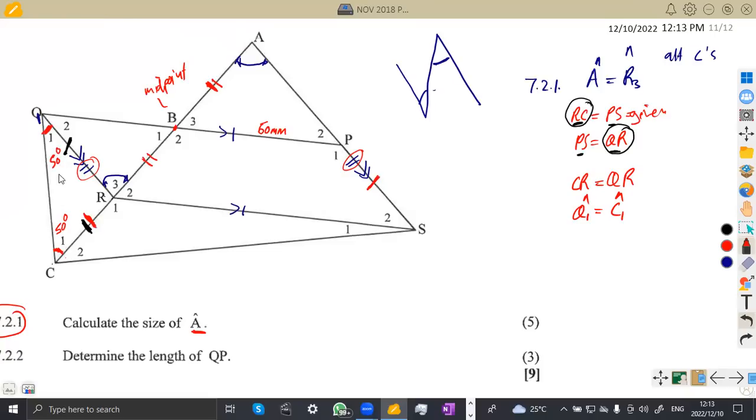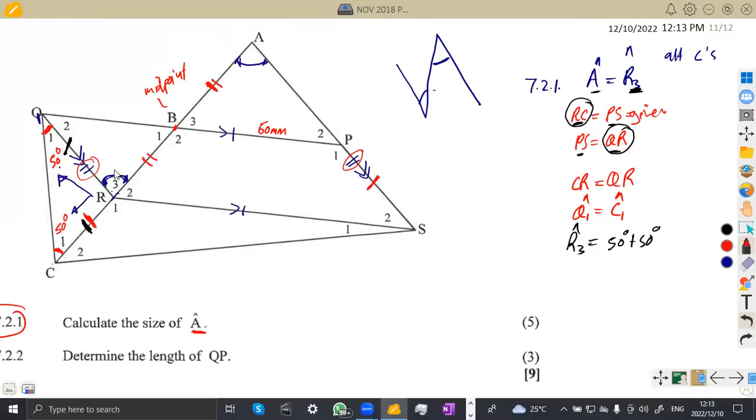So if this is 50 and this is 50, we can calculate angle R3 directly here, because we need angle R3, which is equal to angle A. So angle R3 can be taken from the 50 and the 50 here if we add these two. Why? Because R3 is the exterior angle of a triangle. Remember that the exterior angle of a triangle is equivalent to the sum of the opposite interior angles, that is 50 plus 50.